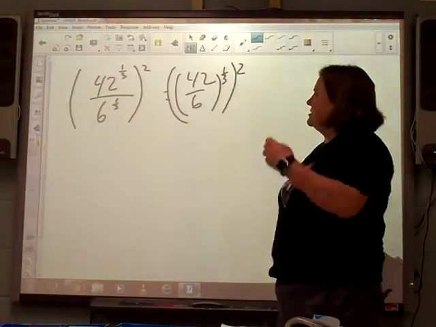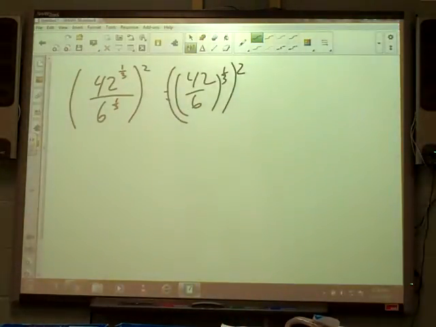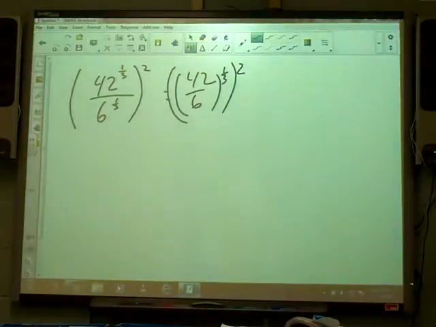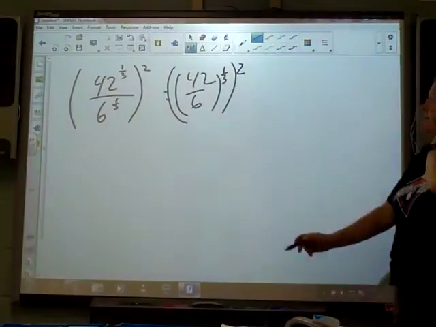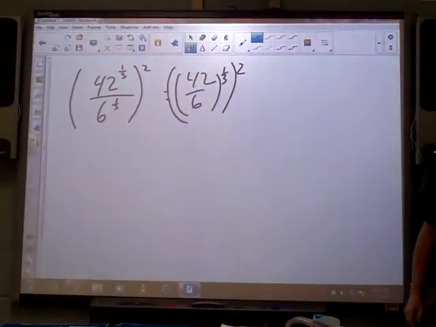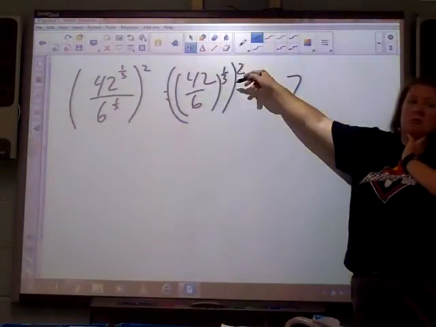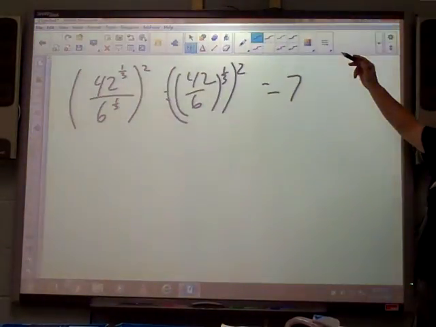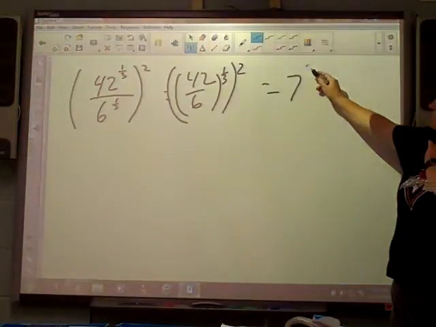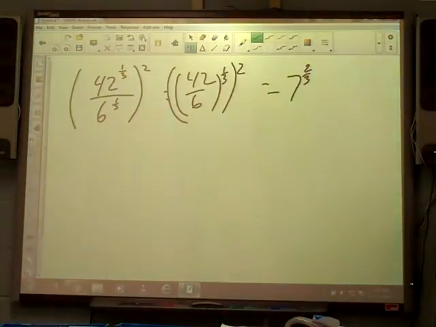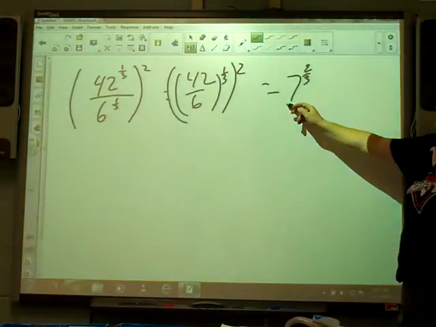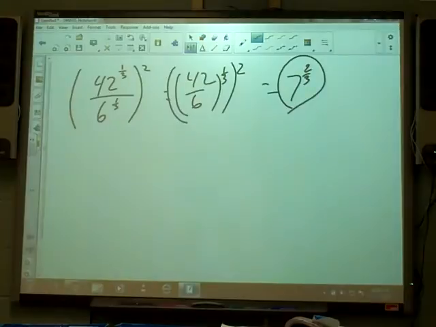I took that 1/3 off of them because it's the same, right? Now I'm ready to divide. What's 42 divided by 6? It's 7. And what do you do with these powers? Multiply them. Will that simplify any? No. Right, that's it.